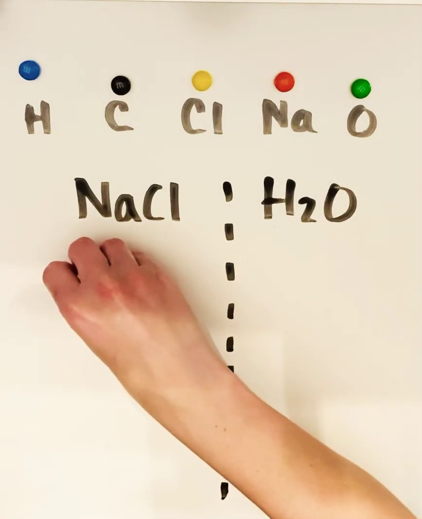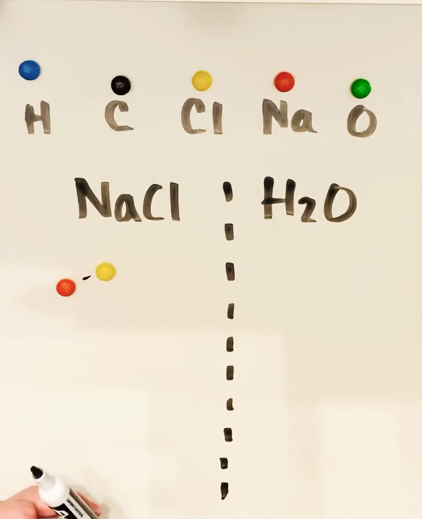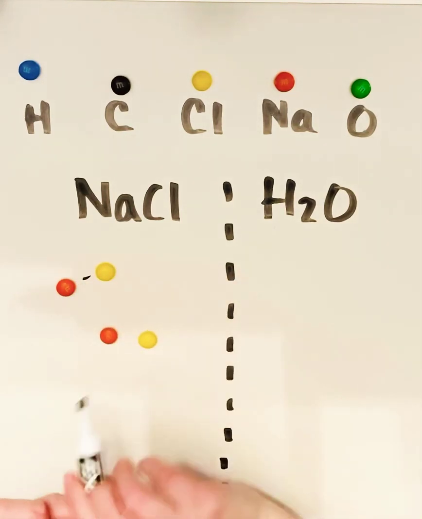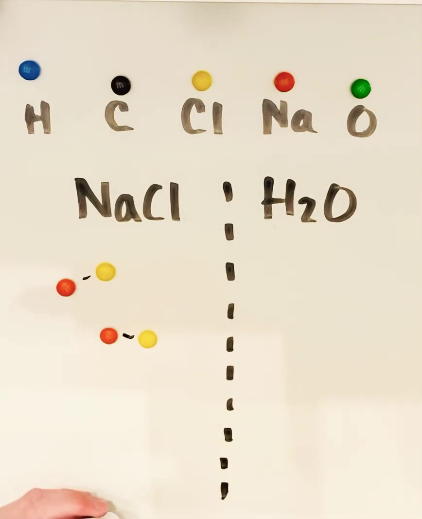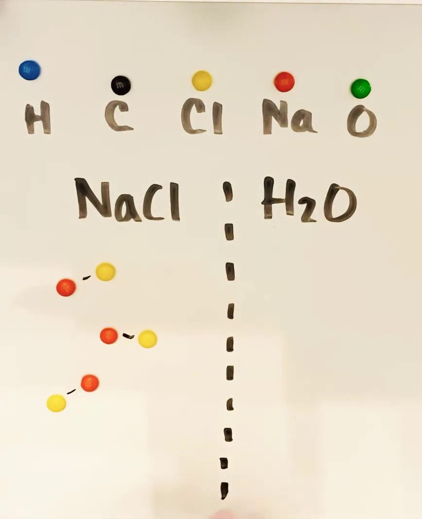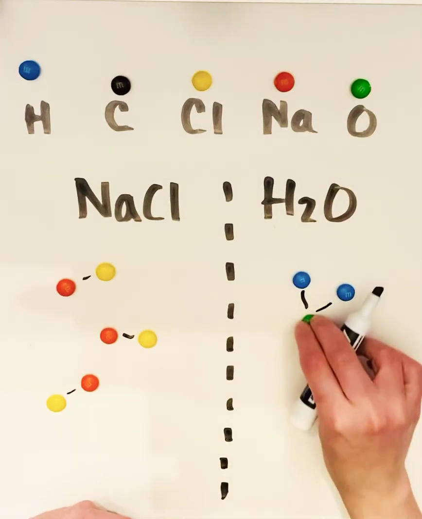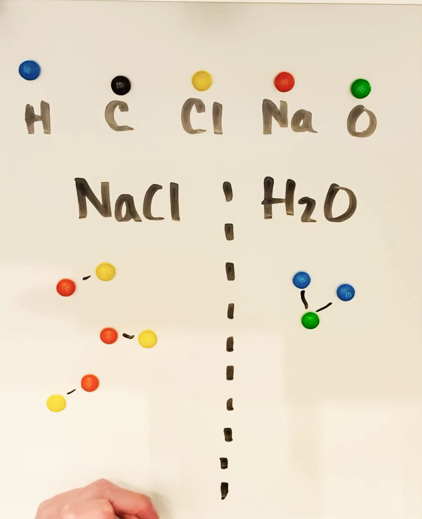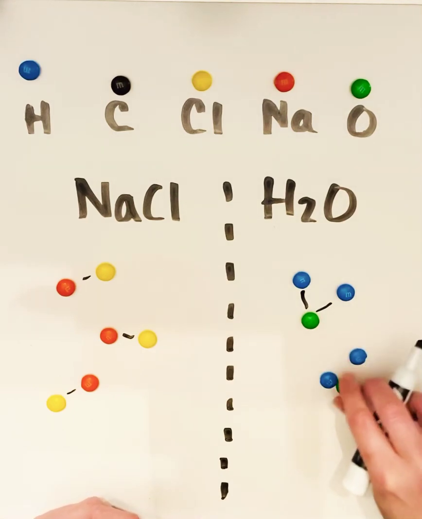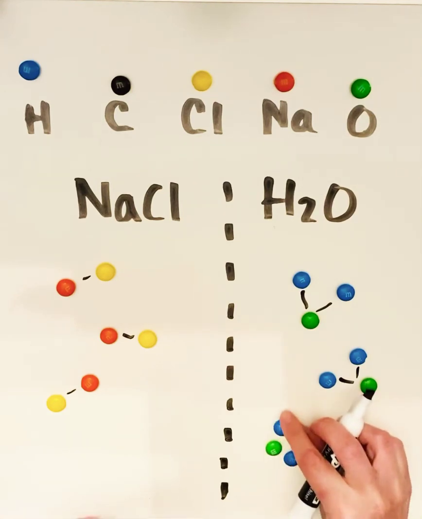So in order to create salt again, I need sodium and chlorine chemically combined. That little dash in the center represents the fact that these are chemically combined. And then I'm going to put a few water molecules on this side. So I have my H2O, another H2O, two hydrogens, one oxygen, and another H2O.